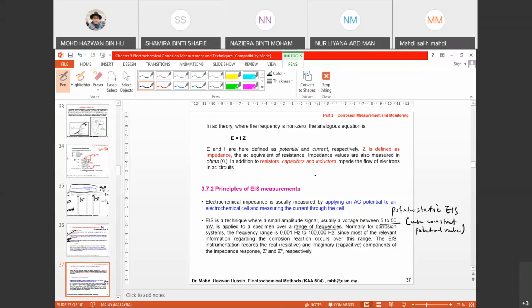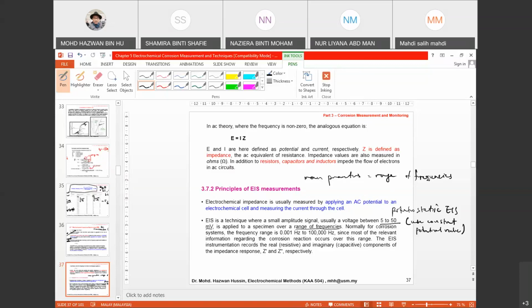Amplitude signals with a voltage value around that are then measured over a range of frequency. So for impedance, the main parameter will be the range of frequencies. If you remember, for PD and also LPR methods, the main parameter is the range of potential, plus minus 250 for PD, plus minus 20 for LPR.